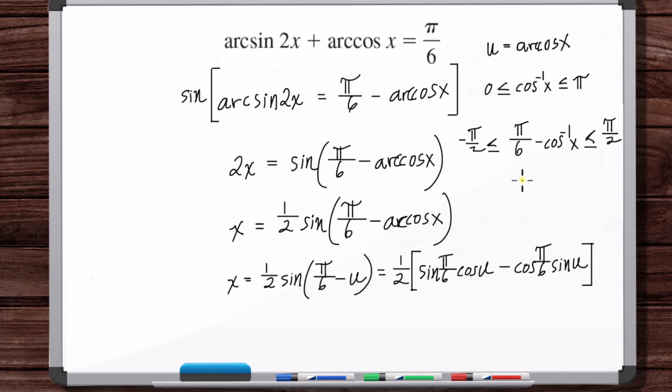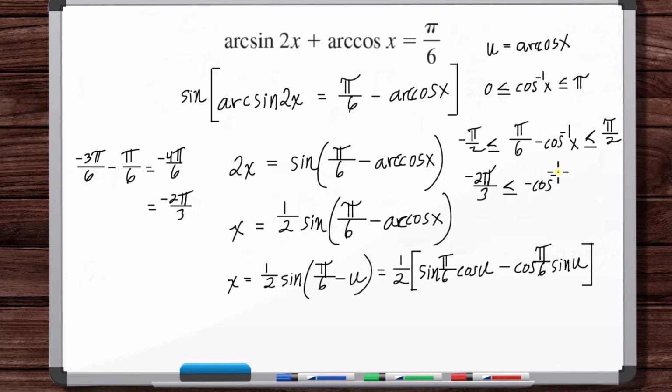So now we can subtract pi over 6 from all sides of this. Multiply minus pi over 2 times 3 over 3, so minus 3 pi over 6 minus pi over 6 is minus 4 pi over 6, so minus 2 pi over 3.